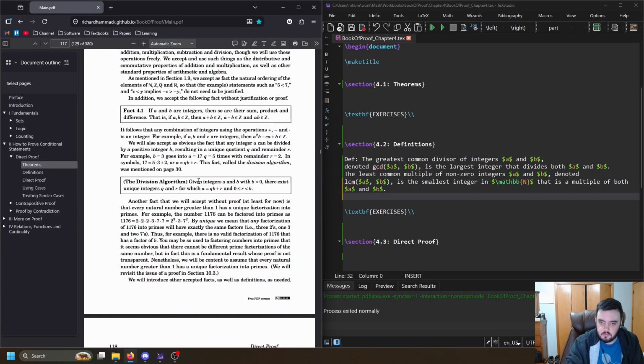The division algorithm. Given integers a and b with b greater than 0, there exist unique integers q and r for which a equals qb plus r, and 0 less than or equal to r, which is less than b. That's like the remainder.